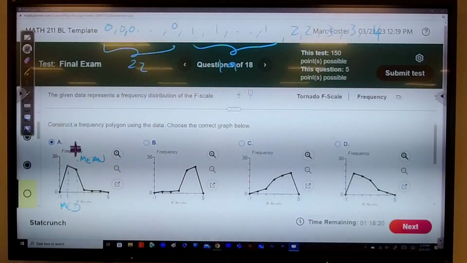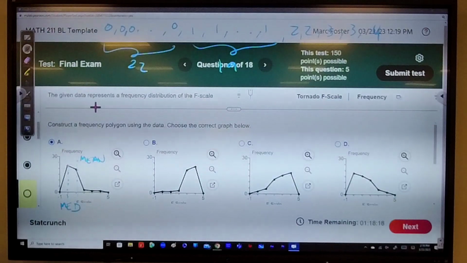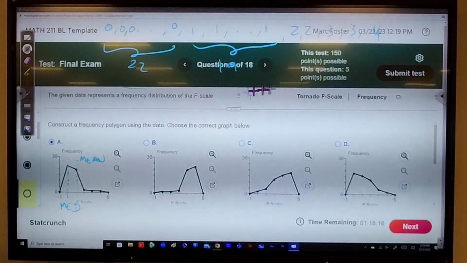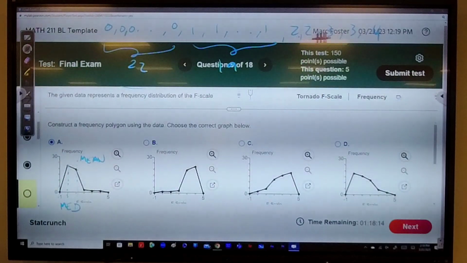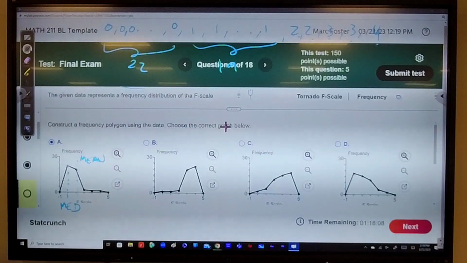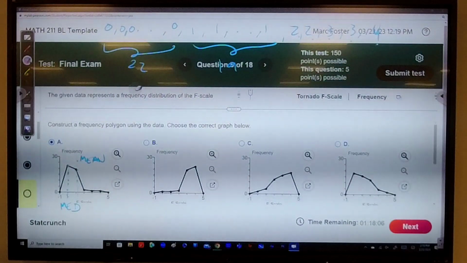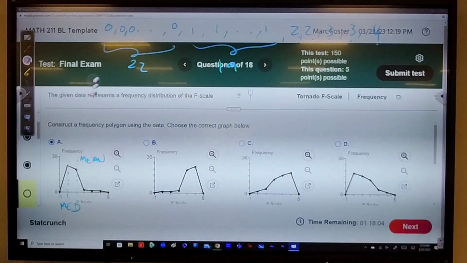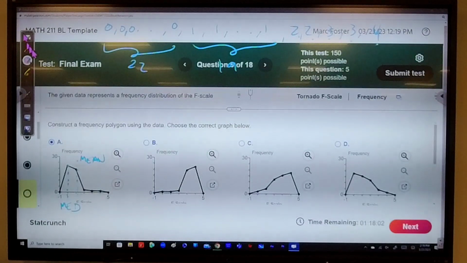In reality here, the median is probably 1, because there's 22 here, and then 24. So the mean is to the right of the median, or the tail's on the right, it's all the same.